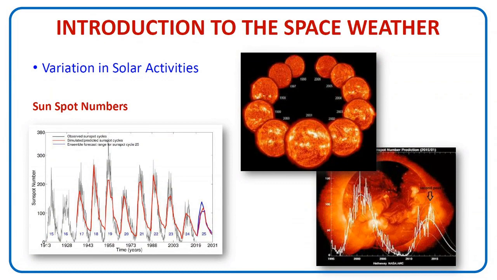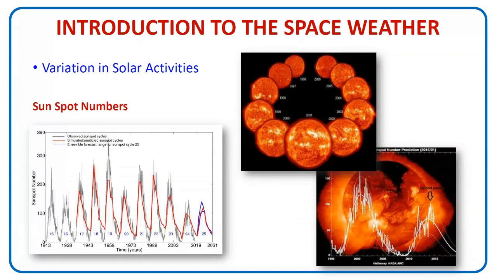So the vicinity of that area from where the lines of force are coming out becomes relatively cooler. The temperature of those places is relatively less compared to the adjacent areas. And that's why they appear dark or relatively darker compared to the adjacent area of the sun.